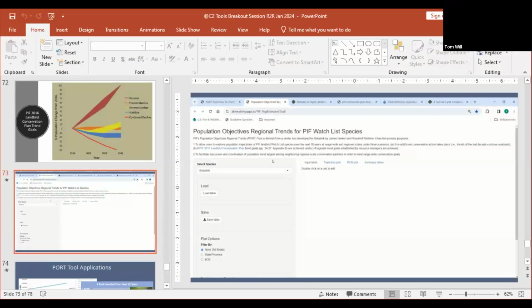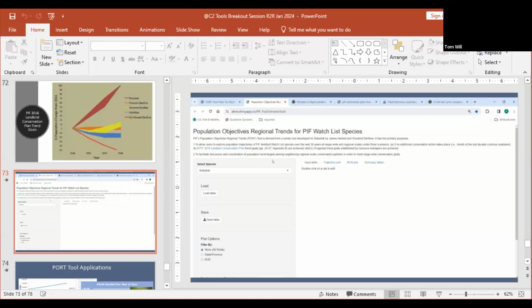So again, this is one generation of what this tool could be. It was based on Greenberg survey data at those particular state by BCR geographies. With current data, say from eBird or some of these other data sources, we could really think about a new and improved tool like this.